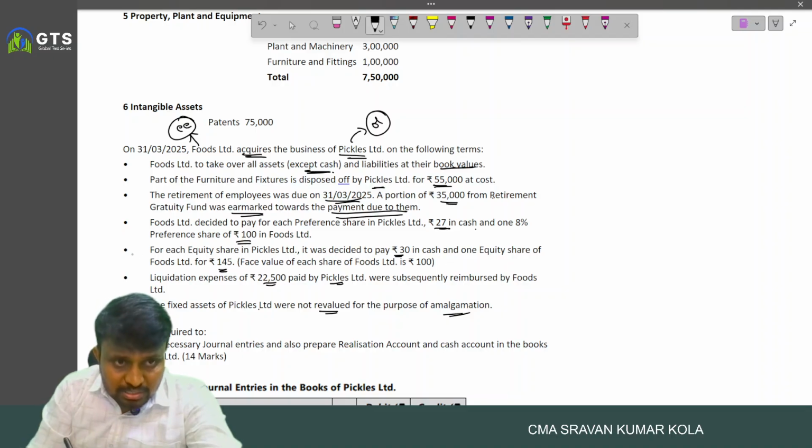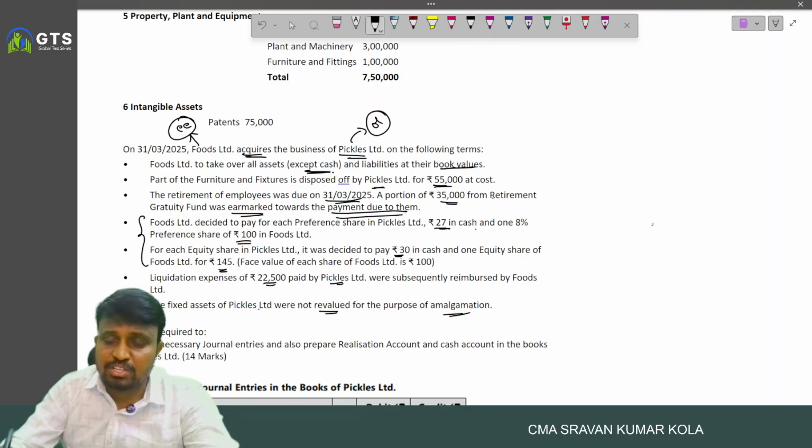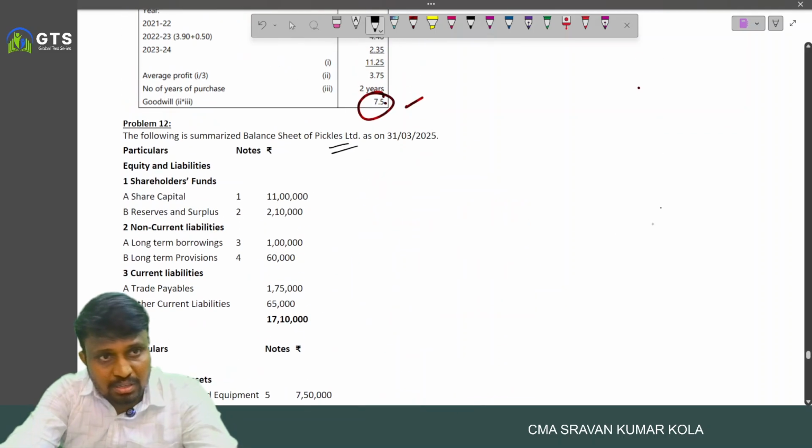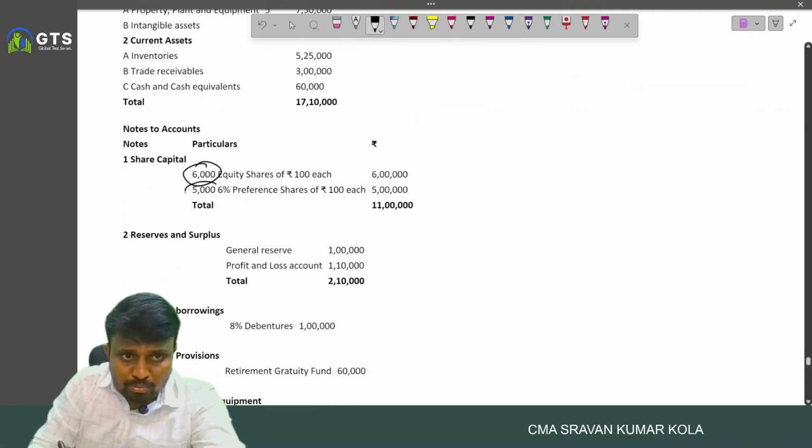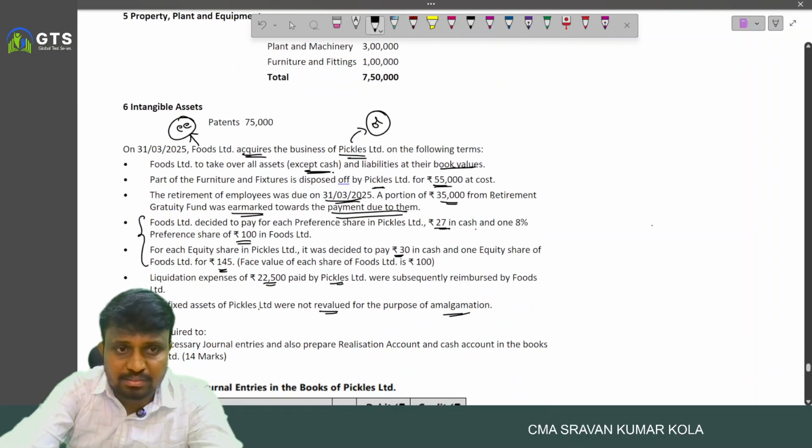Understood? So here, what is the amount payable to the preference shareholder? What is the amount payable to the equity shareholder? It is clearly mentioned. How many equity shares do we have? 6,000. How many preference shares do we have? 5,000, right?